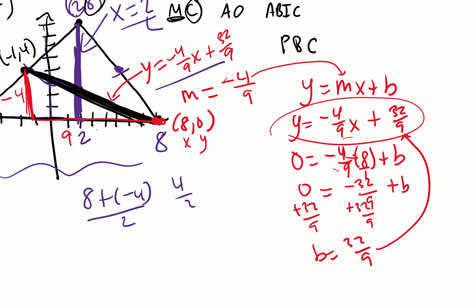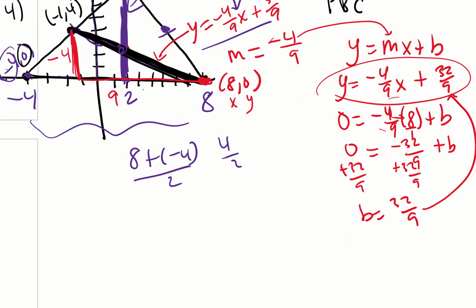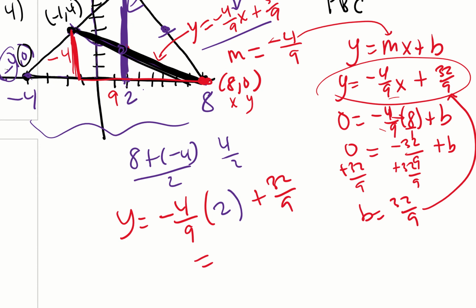All we have to do is plug in 2 here, and that will tell us where they cross. So let's plug 2 into that equation: y equals -4 ninths times 2 plus 32 over 9. And that will tell us what we need to know for our coordinates.